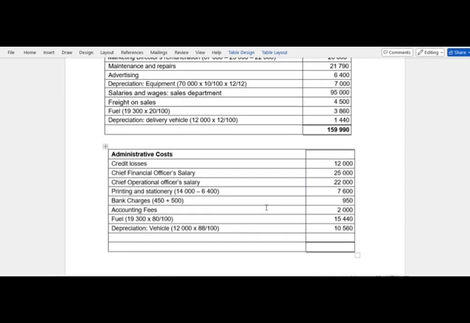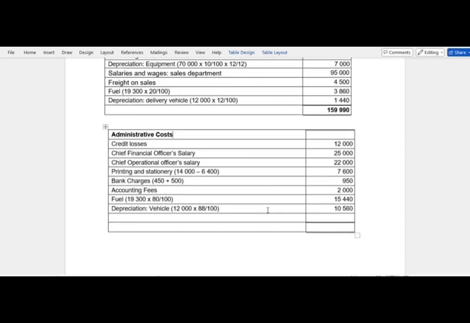All right, and then let's go to the administrative or administration costs. On the admin cost, let's do the calculation and get the total. 12,000 plus 25,000 plus 22,000 plus 7,600 plus 950 plus 2,000 plus 15,440 plus 10,560, and then I am getting 95,550.